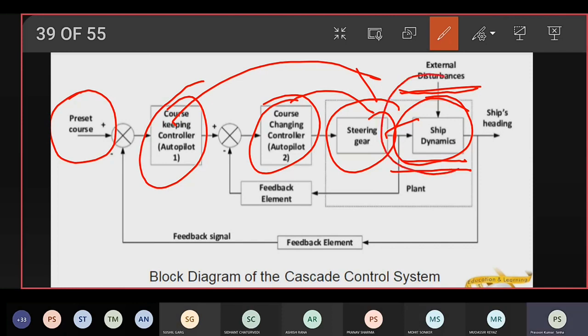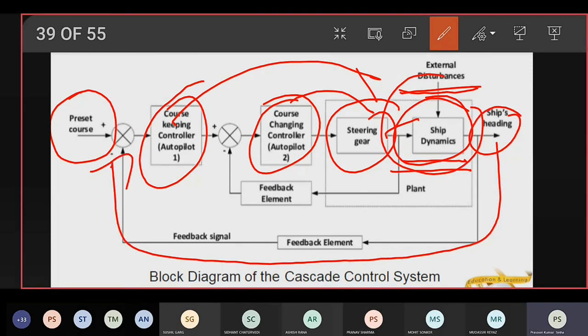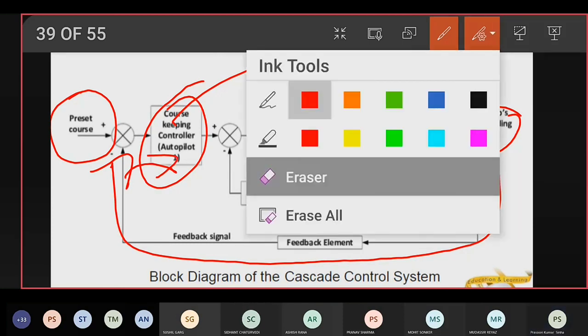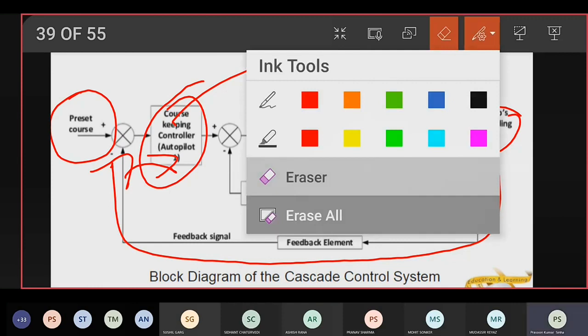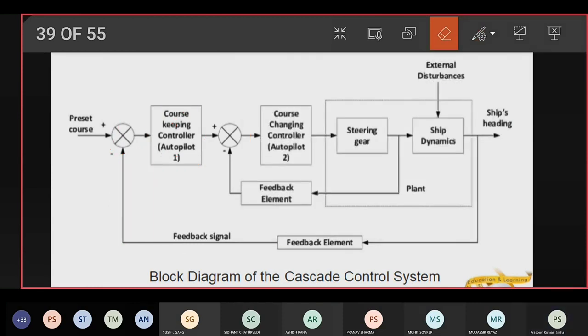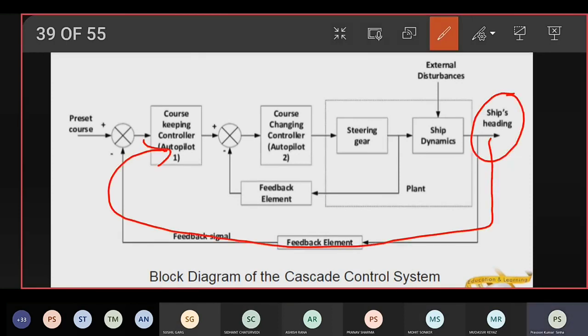All put together, what is happening to the heading is given as feedback here, and from here it goes again. What to do? Seeing the behavior of the ship, this feedback is again given to this.